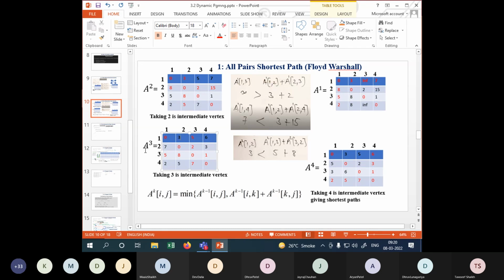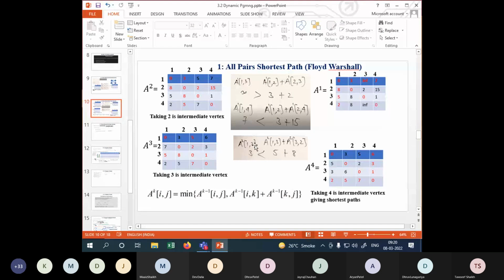Since this is for matrices third, we will find it from matrices 2, which is given to us. So here one example is given: a1 comma 2 will be equal to a1 comma 3 plus a3 comma 2. The only thing we are doing is introducing this node 3 in the middle, taking 3 as an intermediate vertex.